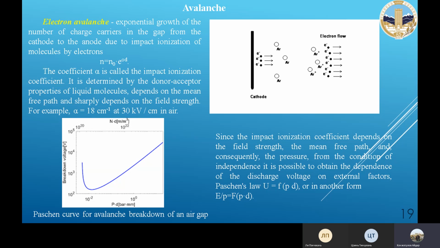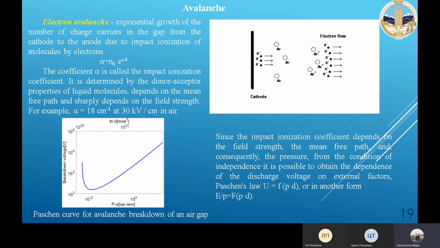This is called Paschen's law, or in another form, this formula. Here P is the pressure in the gas, and d is the interelectrode gap.